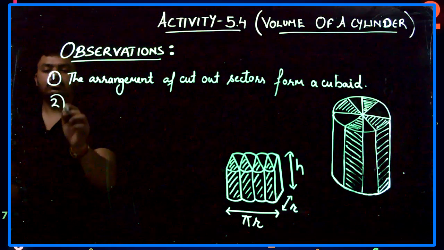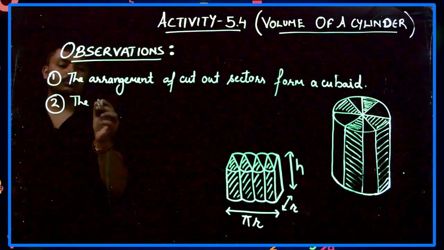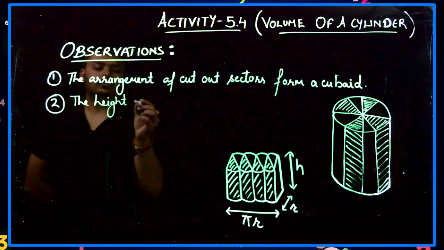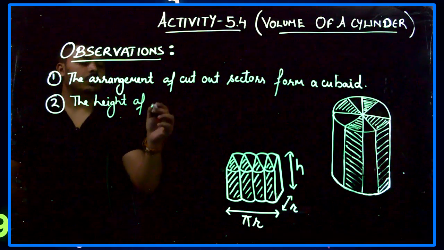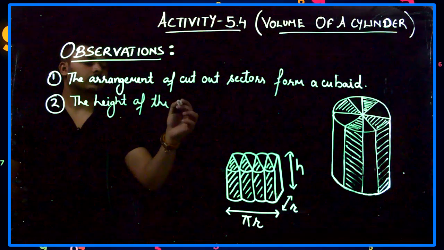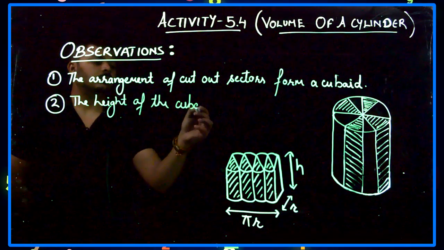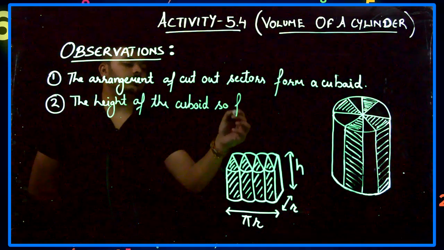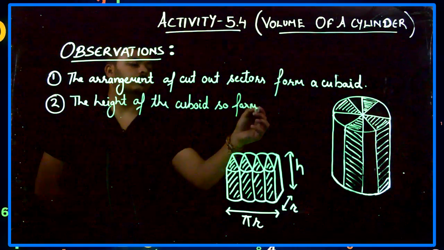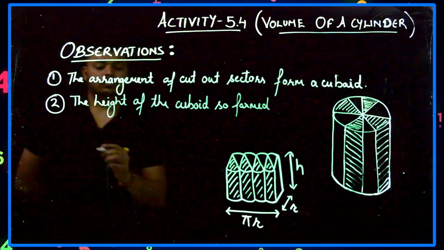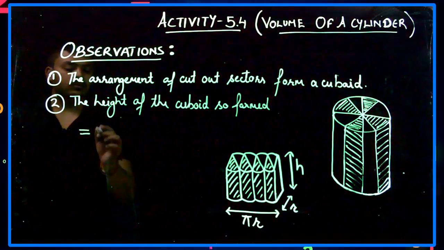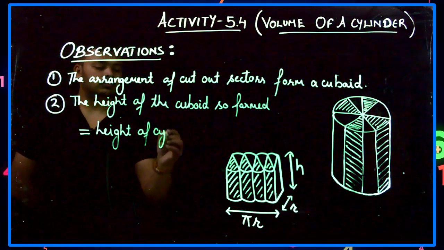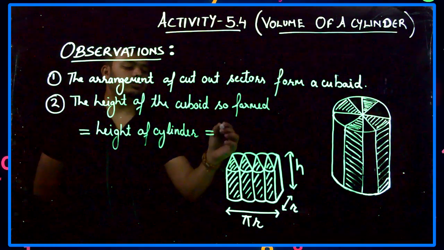Now, second observation, the height of the cuboid so formed is equal to height of the cylinder, equals to h.